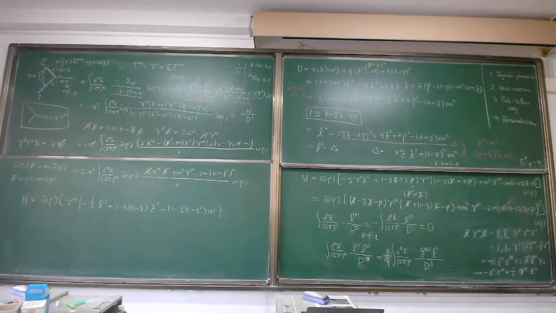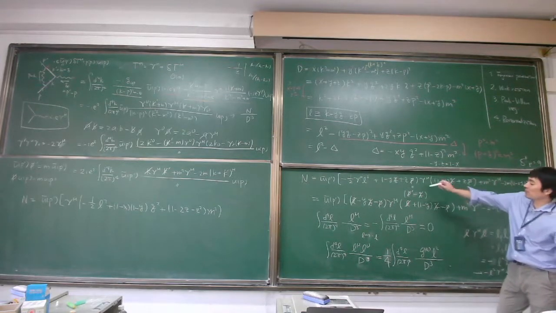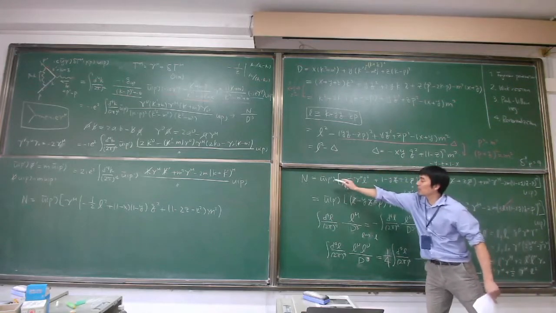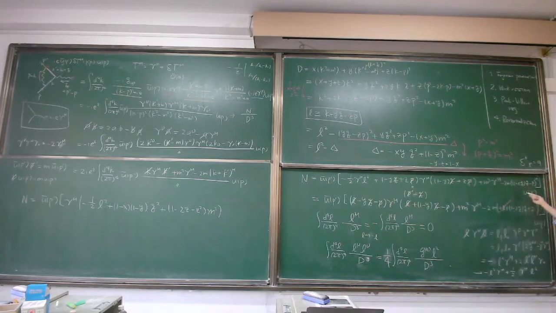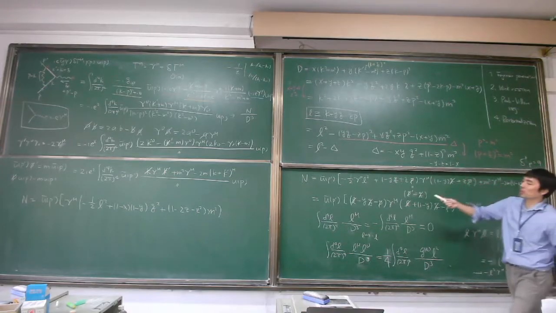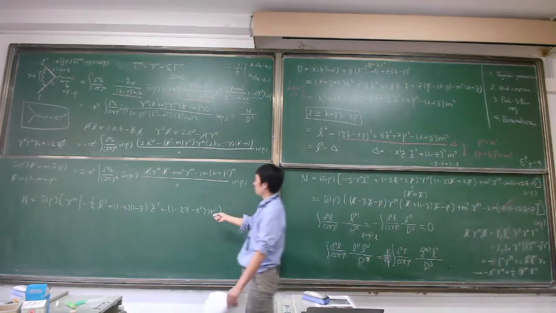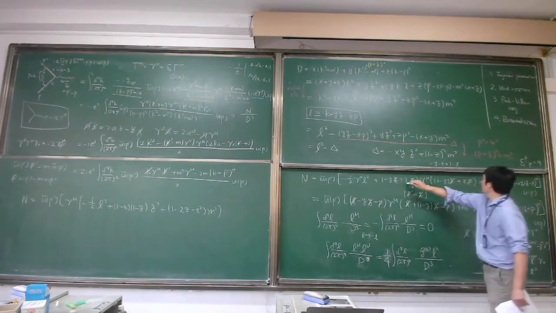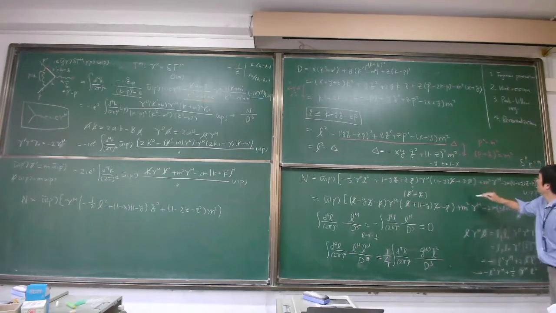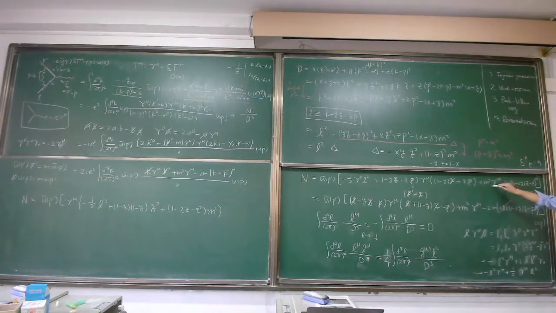And also, as I mentioned, p slash acting on u of p prime will give you m, and p slash acting on u of p will give m, so you get the m squared term coming from here. And of course, if you look at the coefficient, you have a z here, and z here, and here is just a 1, and so on.